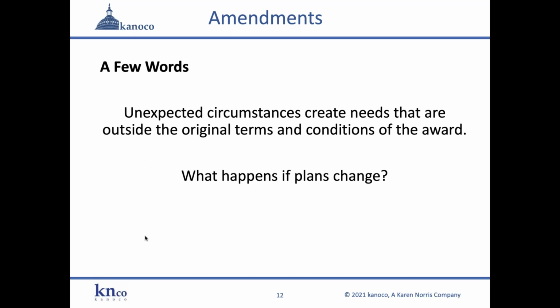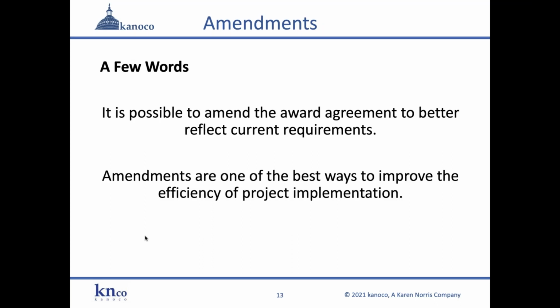And these unexpected circumstances create needs that are outside of the original terms and conditions of the award. So now what happens? What do you do if plans change? The good news is that it is possible to amend the award agreement to better reflect current requirements.